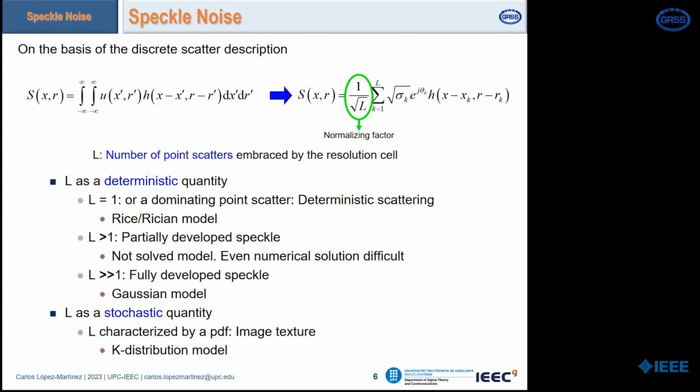When you have 2, 3, 4, 5, 6 targets, there is not even an analytic solution to this problem. For instance, yesterday in the chapter talk we were discussing that urban scenarios fall into this case. That's why it's so difficult to analyze urban scenarios.